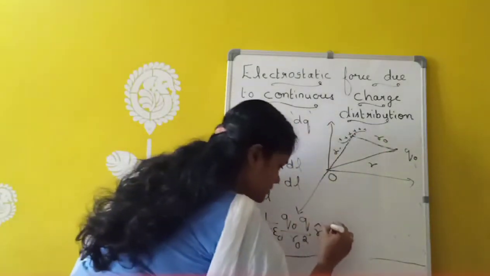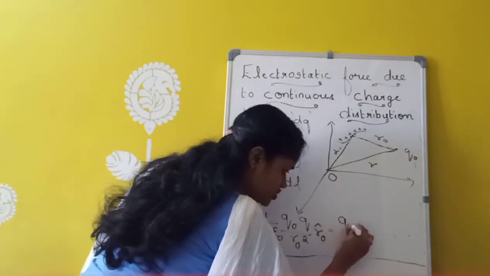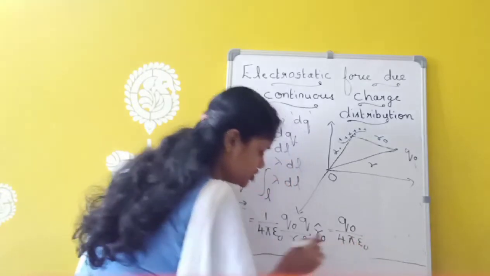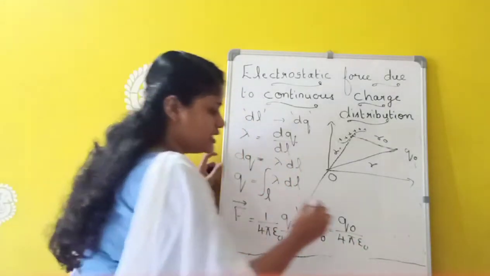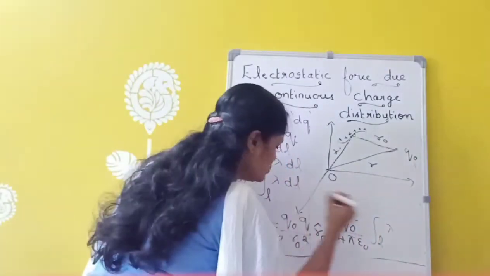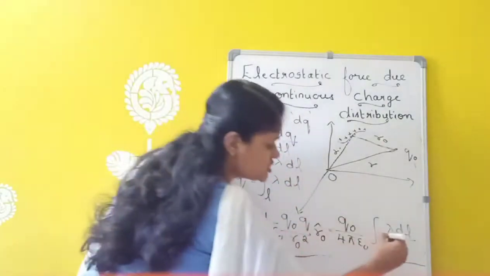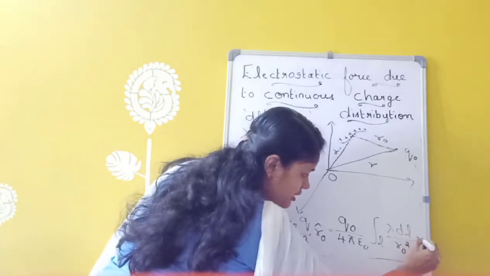Okay. Now this is equivalent to q0 by 4 pi epsilon 0, taken together, into, what is q here? Q equals line integral lambda into dl. So I am writing line integral lambda dl divided by r0 square into unit vector r0.